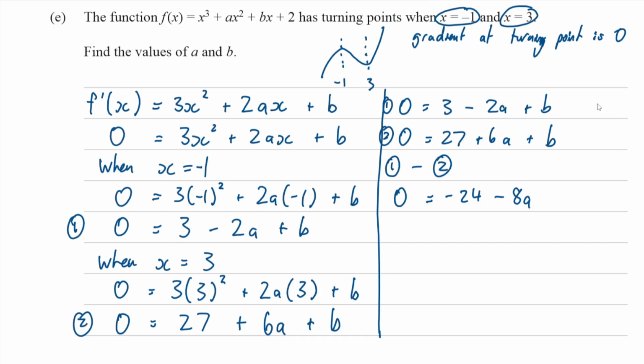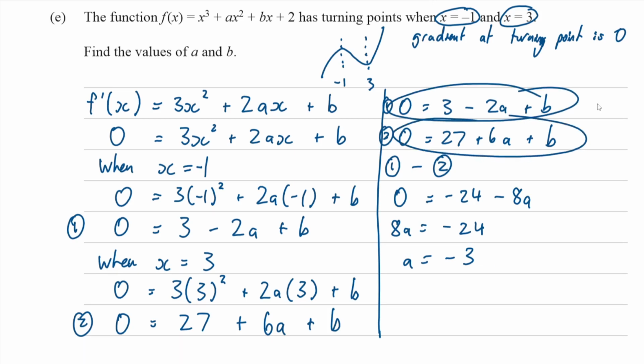Great. So again, now we have one equation. We'll add 8a to both sides, and then divide both sides by 8. So a would equal negative 3. Alright, and then to find b, we can substitute a equals negative 3 into either equation 1 or equation 2.